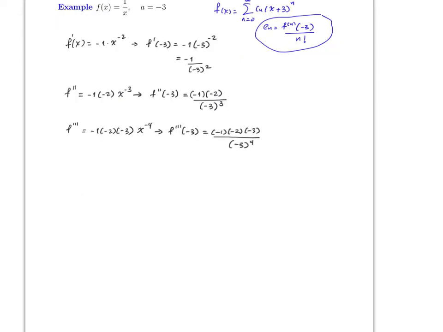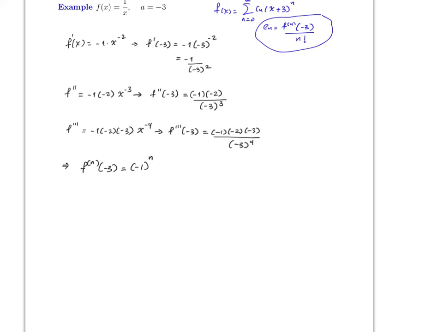All right, so by now it should be obvious that the first derivative is negative, then the next one will be positive. I'm talking about the top only. Then negative. So it's clearly changing from negative to positive, and you can always adjust the sign. So that means that the n-th derivative evaluated at minus 3 is clearly going to be minus 1 to the n, or n plus 1, or n minus 1.